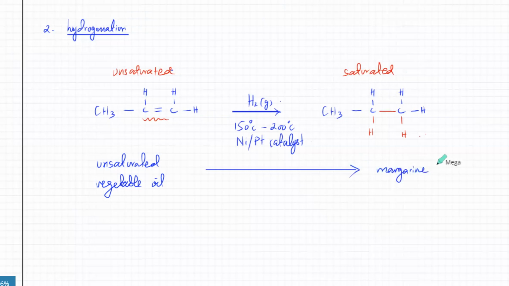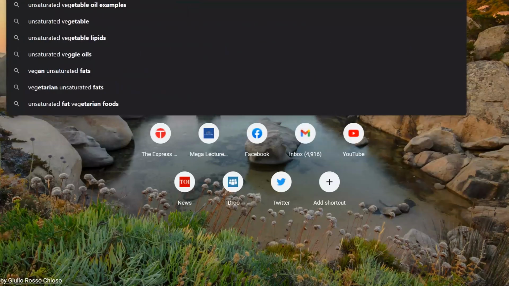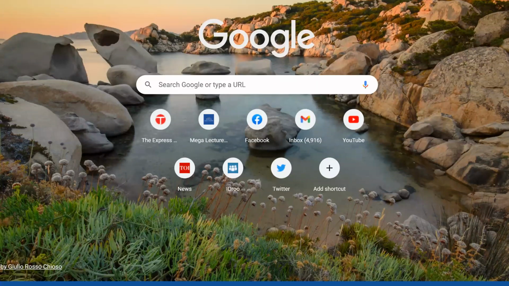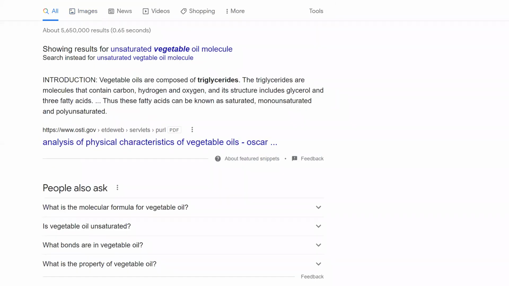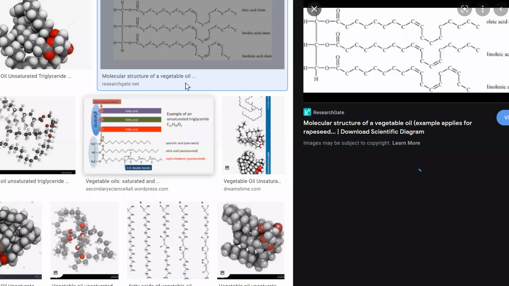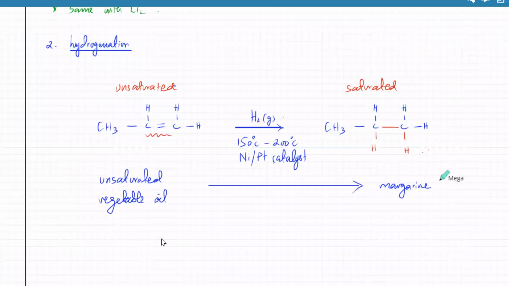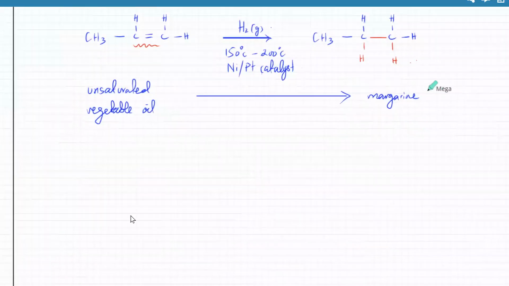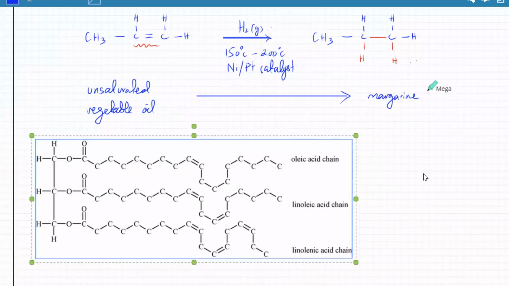Unsaturated vegetable oils are complicated molecules. If I can just copy this over here, that's like an unsaturated vegetable oil.